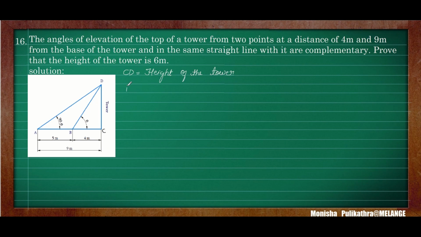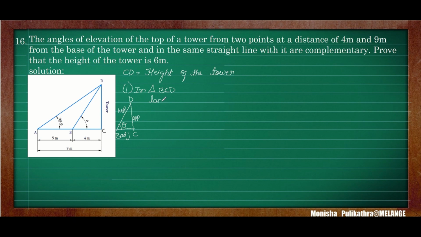So now I'll be taking the first case, that is triangle BCD. So this is triangle BCD, and this is theta. Okay, so this will be the opposite side, this is adjacent, and this will be the hypotenuse.